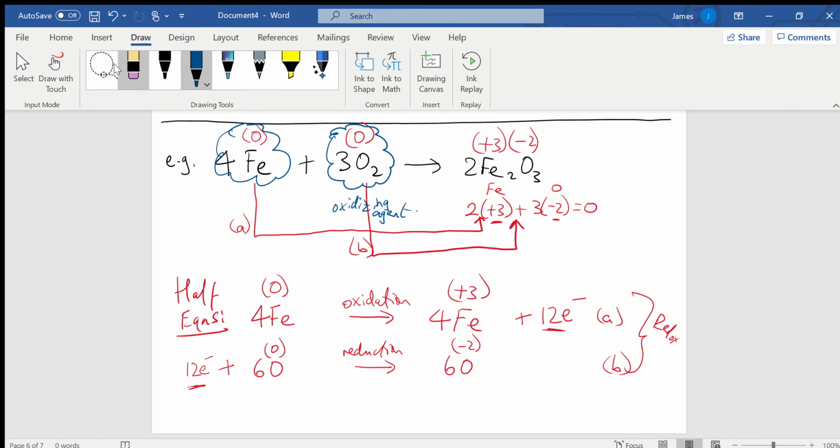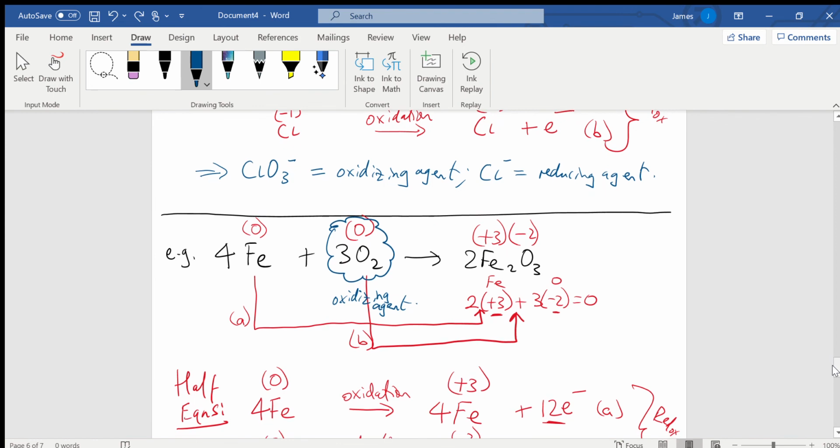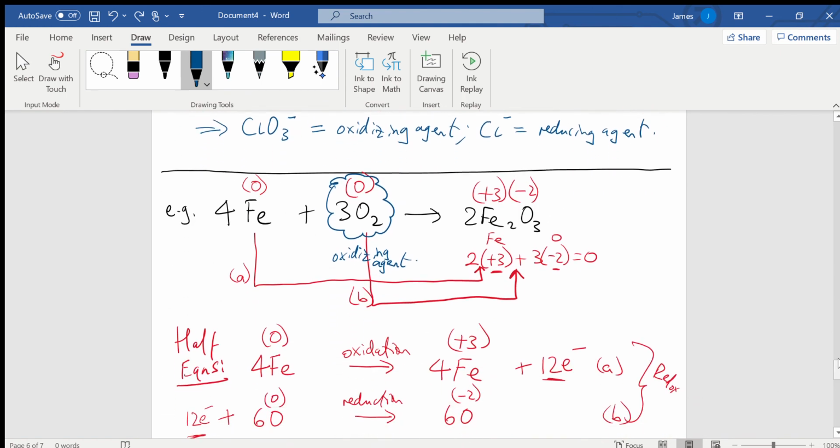Maybe I can be a bit more careful with which I bubble in. I didn't really intend for the whole coefficient to be bubbled too. So just oxygen, it's irrelevant to the fact you have 3 of them. Just oxygen is the oxidizing agent, and just iron is the reducing agent.